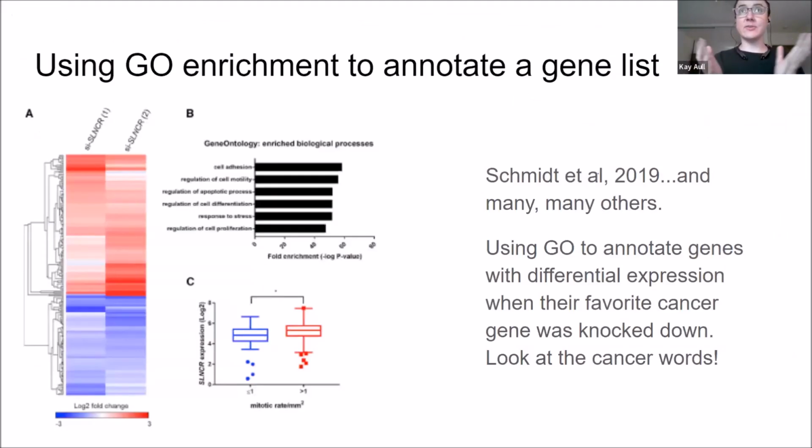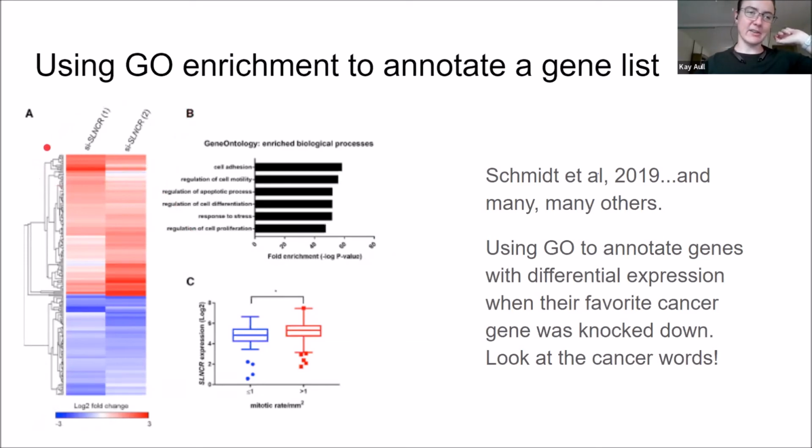The other use case, the more common use case, is you have your list of genes and you want to figure out what they mean. And so I am picking on these guys, but this is very common. What you do is they knock down their favorite cancer gene.